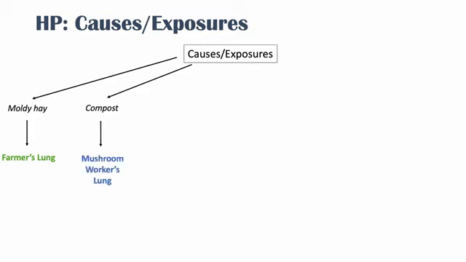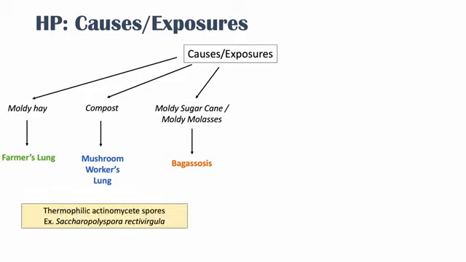This leads to something called mushroom worker's lung. And there can also be exposures to moldy sugarcane or moldy molasses. This can lead to a condition known as bagasosis. So all three of these in common have to do with exposure to particular thermophilic actinomycete spores. And one of the species is actually known as Saccharopolyspora rectivirgula.